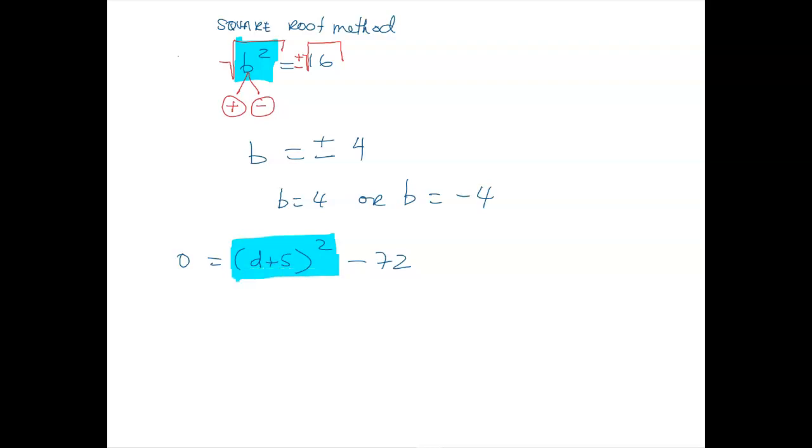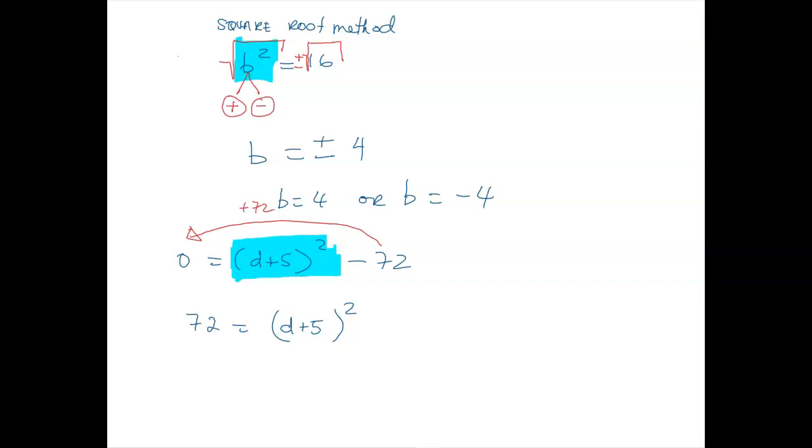That's my square term, and that's what I want to isolate. So that -72, I want to move it to the left side, and it's going to become positive 72, right? And so when I rewrite it, I should get positive 72 equal to (d plus 5) in parentheses squared.